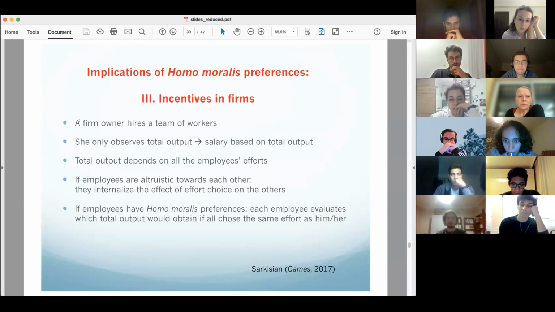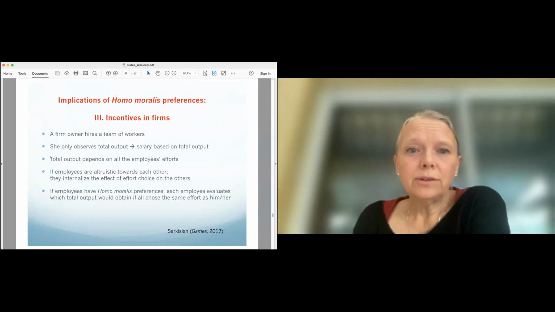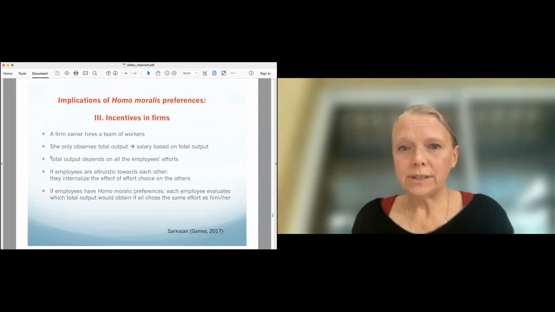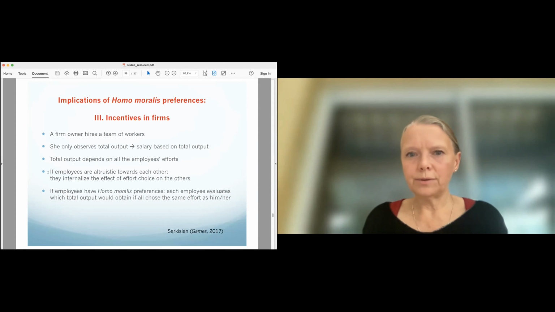Incentives in firms. Suppose we have a firm owner who hires a team of workers and she only observes total output. Then the salary must be based on total output. Suppose that the total output depends on all the employees' efforts. If the employees are altruistic towards each other, they will internalize the effect of their effort choice on the others.